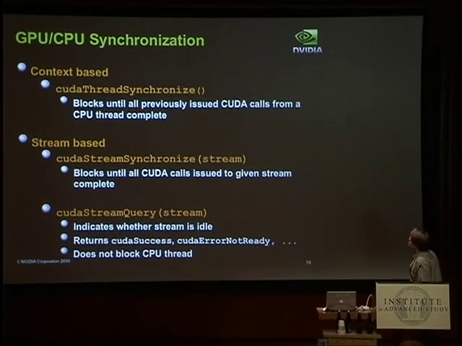Synchronization. There's contextual or stream-based synchronization. Let's look at contextual. Here you can call thread synchronize, which will block. It tells everybody to wait until all the previously issued CUDA calls from that thread are complete. So this is sort of like a barrier in MPI. Stream-based is different.